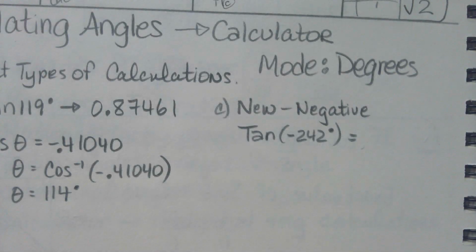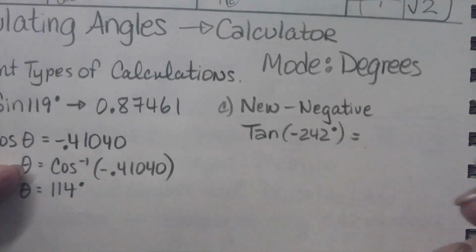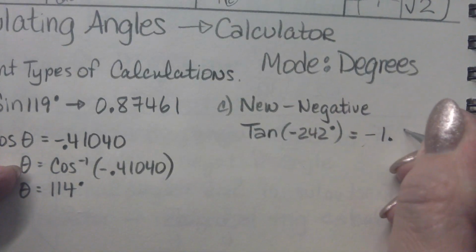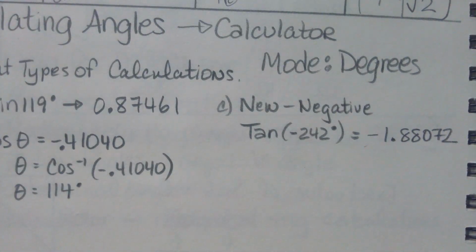All I'm doing is putting a negative on. Doesn't change what I do. Gives me a negative 1.88072. Negatives don't change anything. It's the reciprocal ones that we're going to have some issues with.